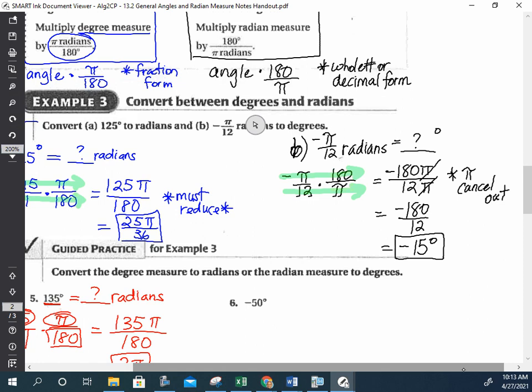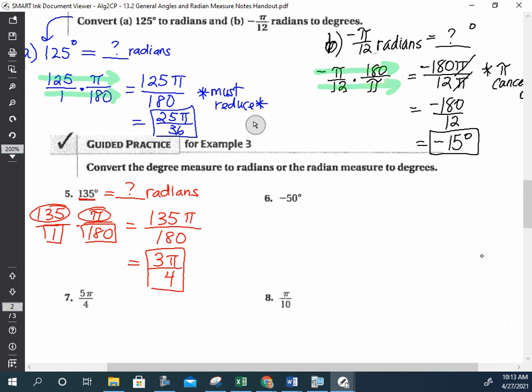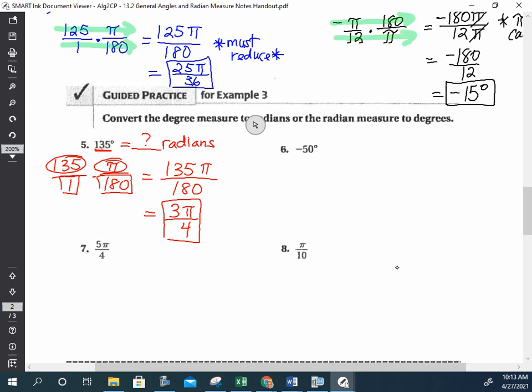So, last example that we're going to do. Number 6 is just like number 5. We're going to do number 7, and that's just like the problem we just did up above.